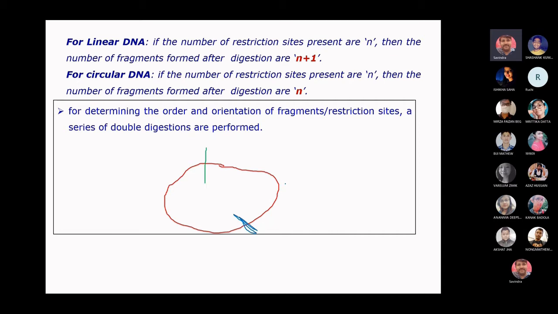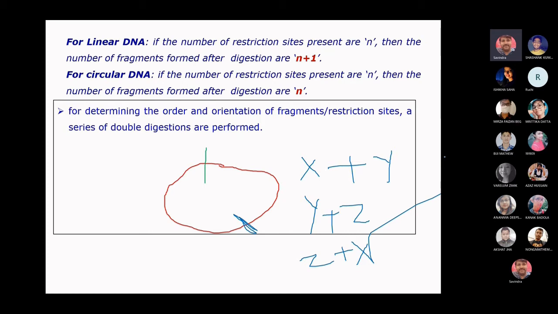So there are three conditions: X plus Y, Y plus Z, and Z plus X. And then you will run it in a gel electrophoresis.